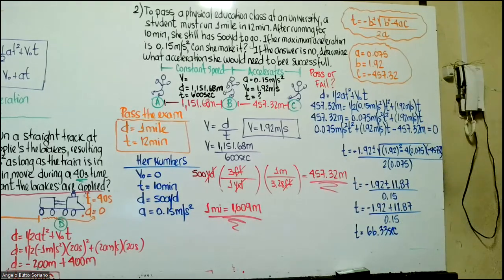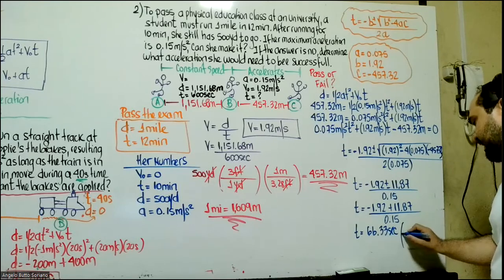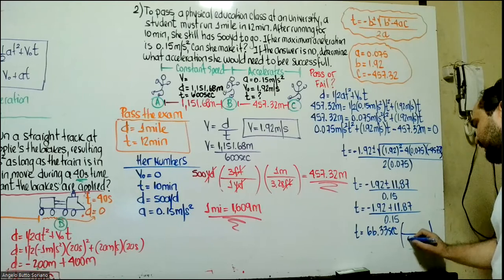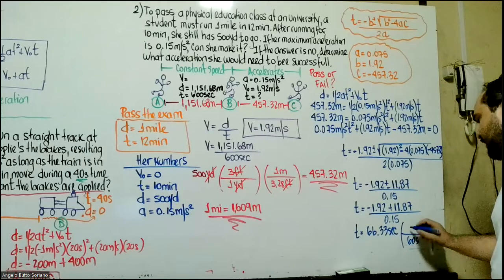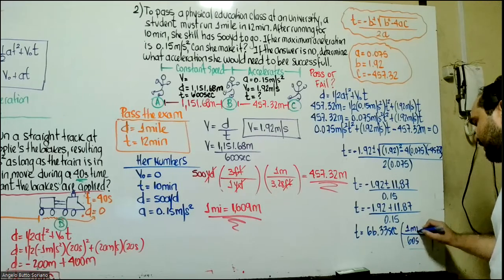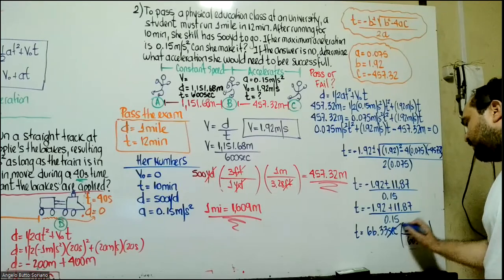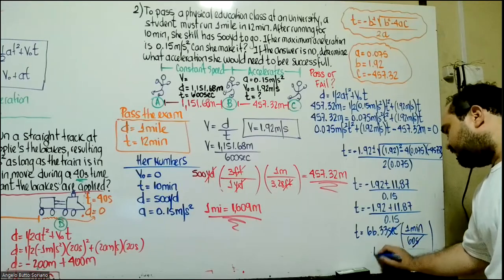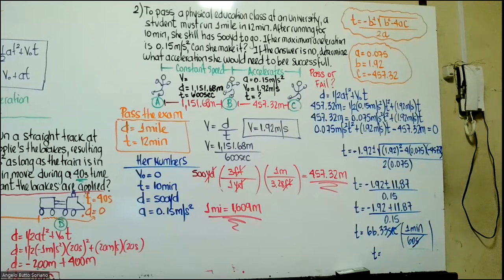Okay, well, remember, the problem is asking whether she passed the exam or not. Okay, let's see what we got. Remember, 60 seconds make 1 minute. So we must divide 66.33 by 60 seconds.